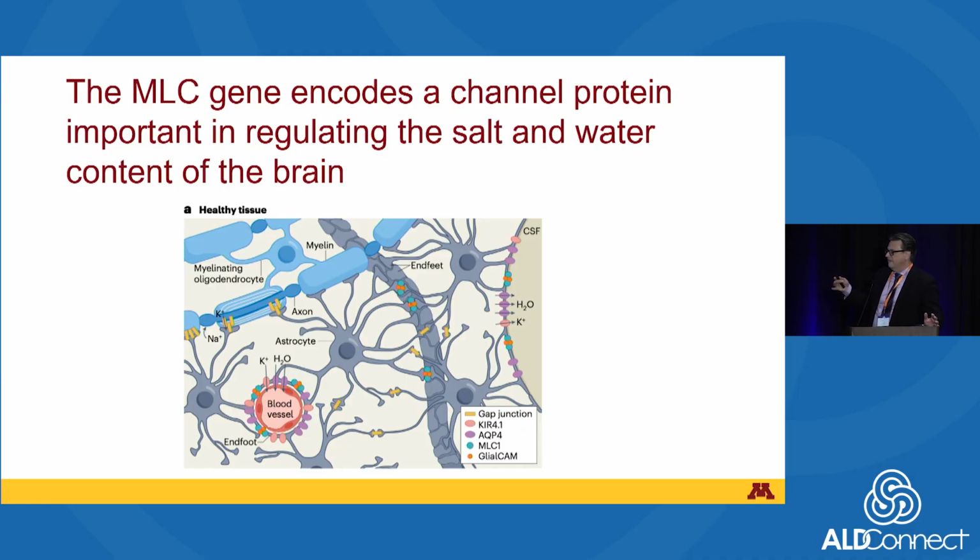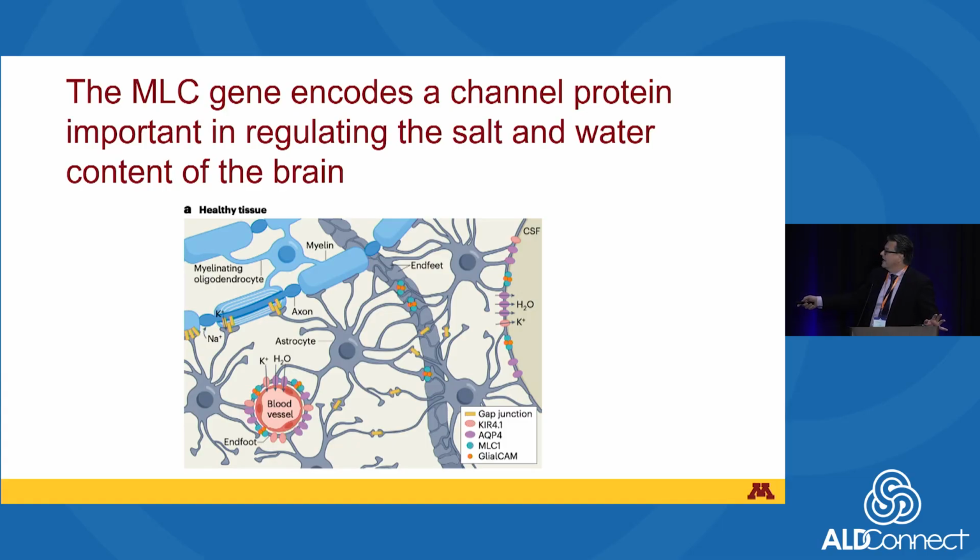The brain is a very complicated organ. It's made up of lots of different cells. There are astrocytes that send out little tentacles to the blood vessels, and these are little feet that sit on the blood vessel itself. The feet read the current of the blood. They read the salt balance, they read the water balance, and the astrocytes are very important for brain health and regulation of all these salts and waters.